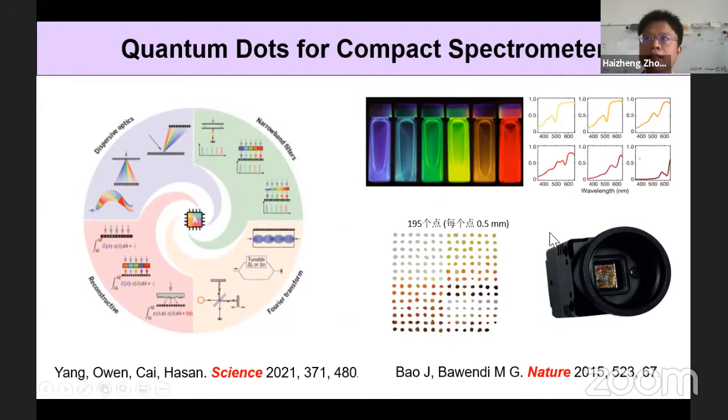So this compact spectrometer is a very important and interesting direction. And Professor Bawendi, working with Professor Jie Bao, reported the use of quantum dots as tunable color filters for this compact spectrometer in 2015.